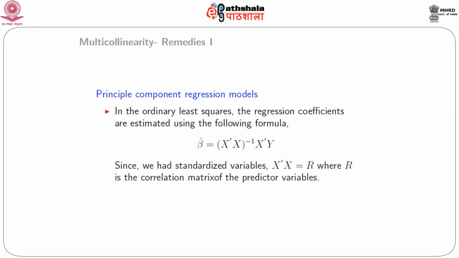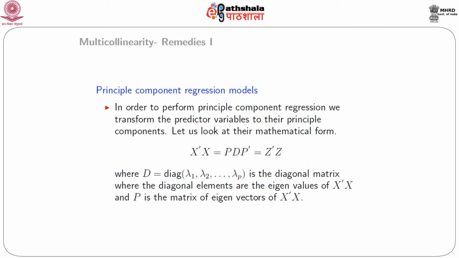Since we have standardized our predictors, x prime x, the matrix of standardized predictor variables, equals R, the correlation matrix. In order to perform principal component regression, we transform the predictor variables to their principal components.